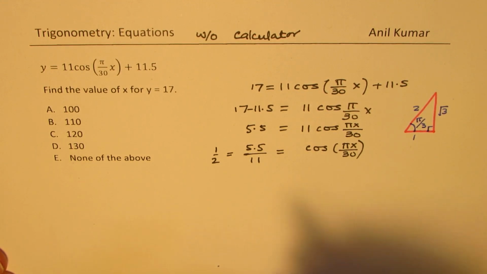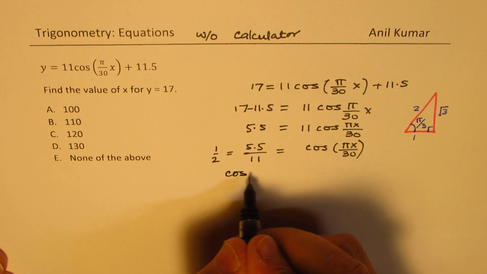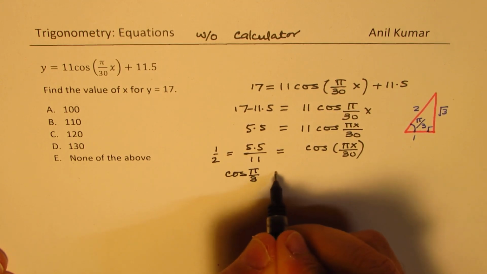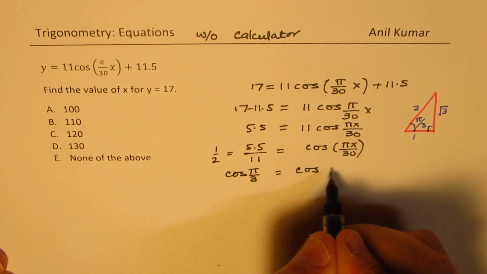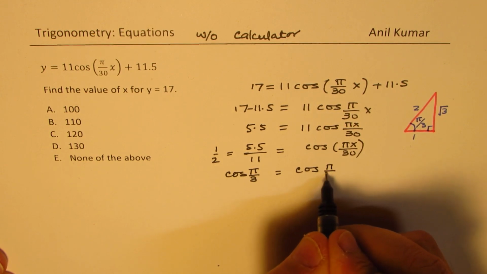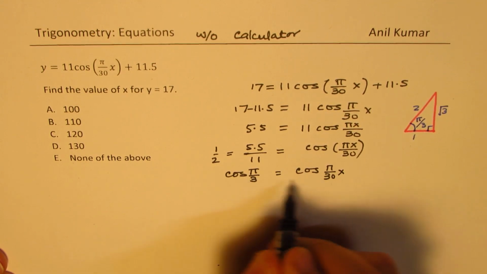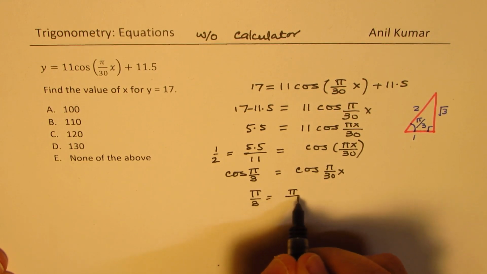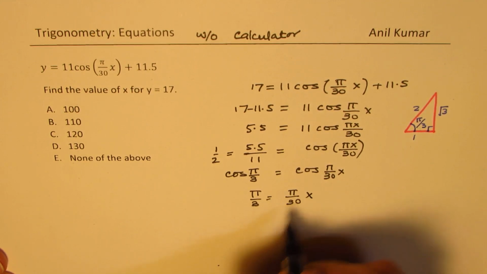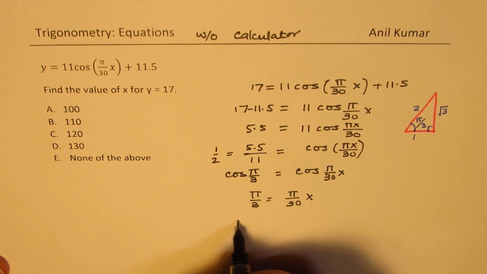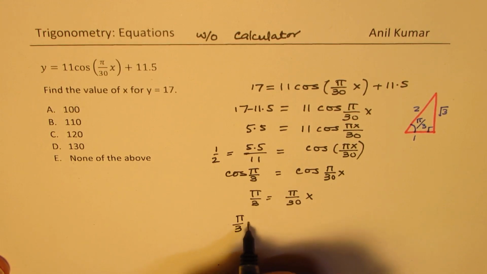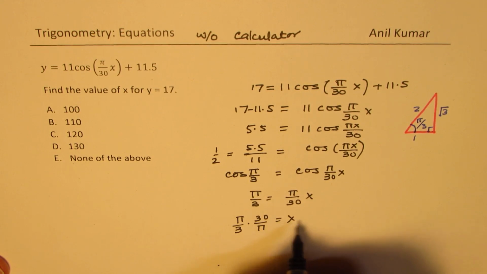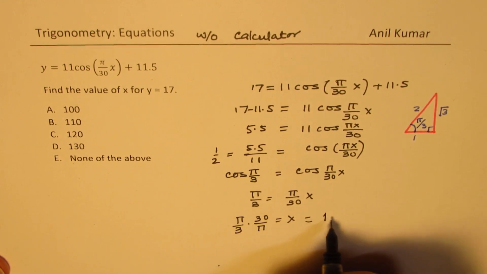So we can write cos of pi by 3 equals cos of pi by 30 x. So pi by 3 is equal to pi by 30 x, and you can cross multiply. You get pi by 3 times 30 over pi to get the value of x, which clearly is 10.